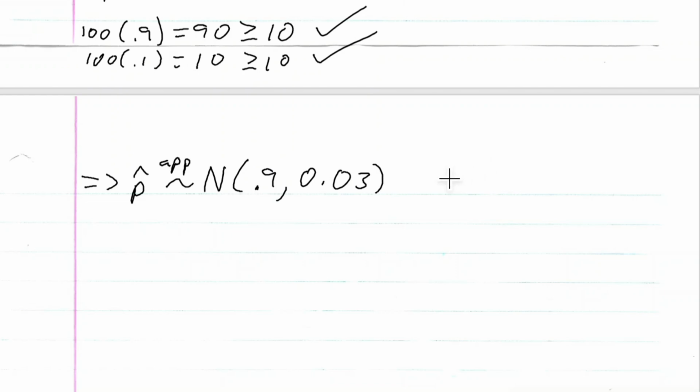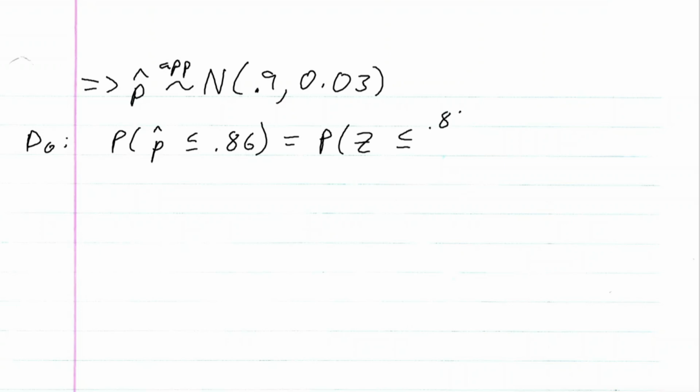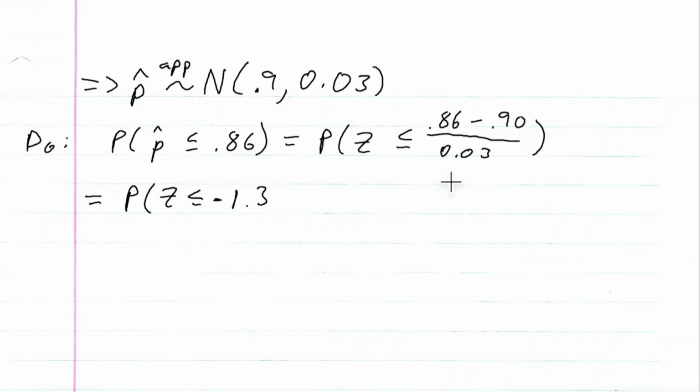Now that we have this, we can do our calculation relatively easily. The probability that p hat is less than or equal to 0.86 is equal to the probability that, now that we know p hat is approximately normal, we can standardize this. z is less than or equal to 0.86 minus 0.90 over 0.03, and if you do this calculation, this will be P of z less than or equal to negative 1.33.